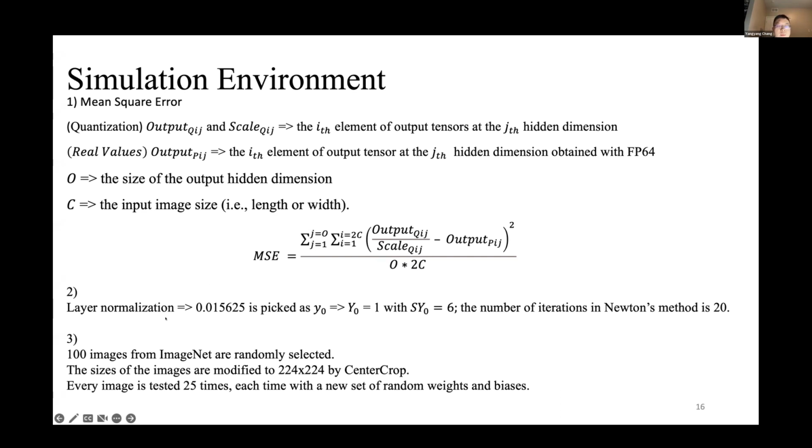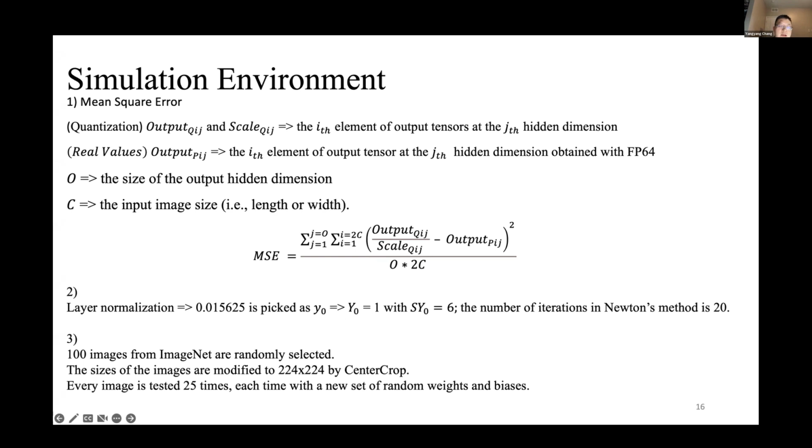And for layer normalization, as I talked about, in our initial Newton's method, Y0 is 0.015625. And in our quantization, the integer will be Y0 is 1 and the scale will be 6. In our experiment, 100 images from ImageNet were randomly selected, and all these images are resized to 224 times 224.